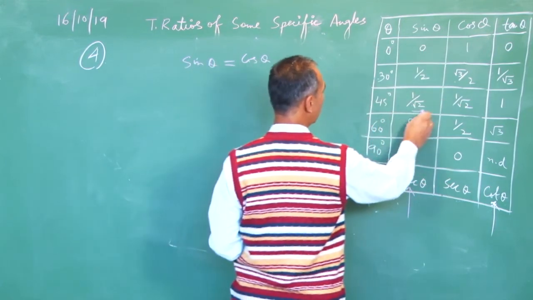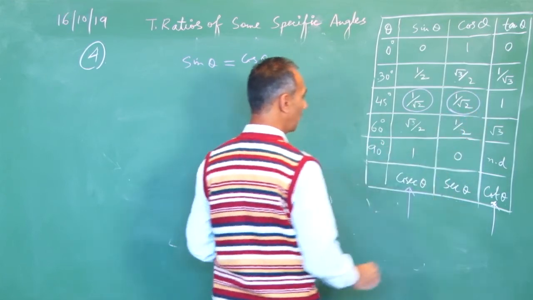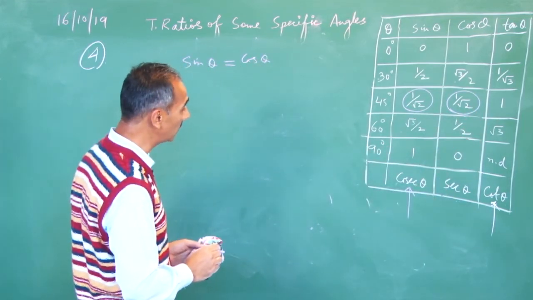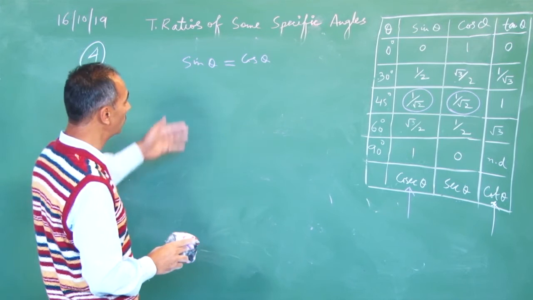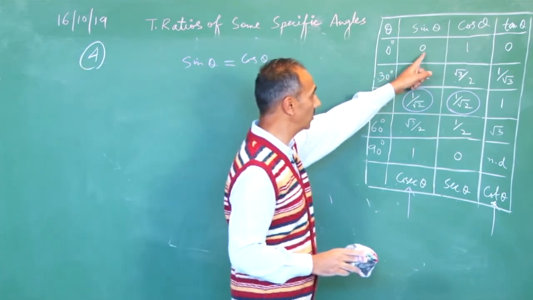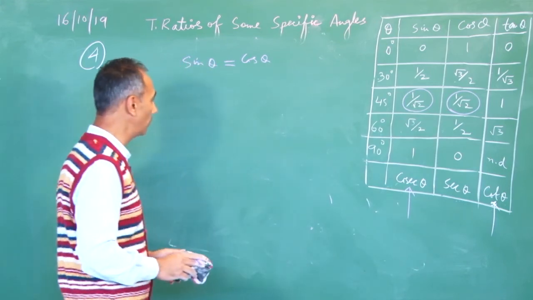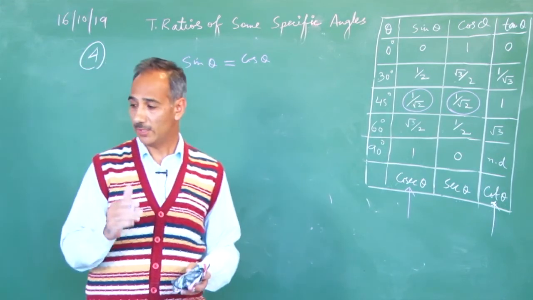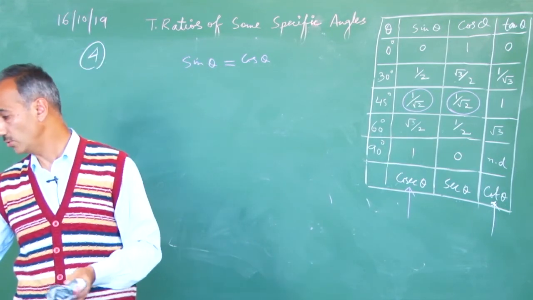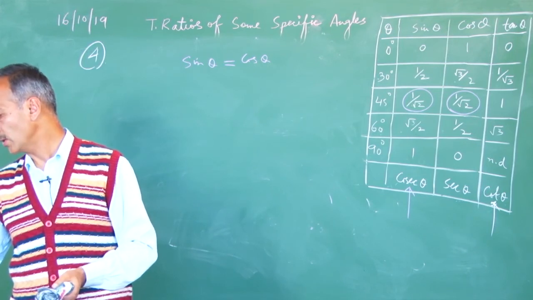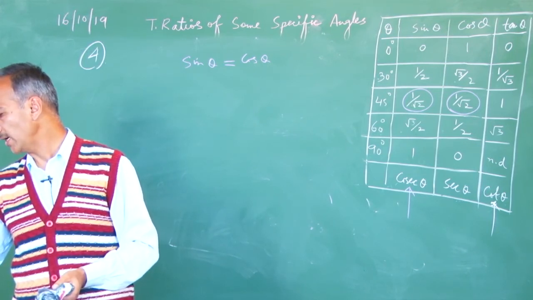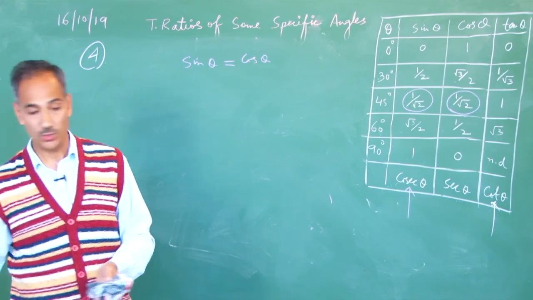Here you could see sin theta and cos theta values are same for theta equal to 45. So it's not true for all values of theta. Sin 0 and cos 0 are different, same as for the rest of the angles. It's true for only one value of theta, as theta is acute. So this is false.